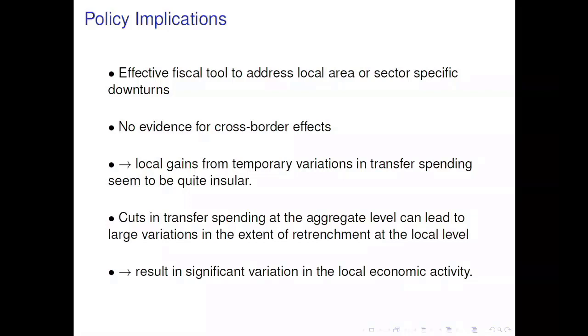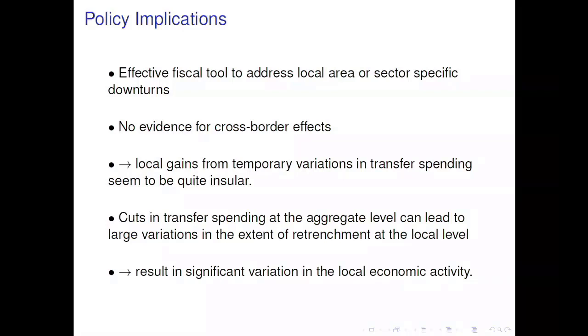We don't find any evidence for cross-border effects. I have not discussed that today, but in the paper we don't find any sectoral or spatial cross-border effects. What that means is that these gains are quite insular. We don't have multiplier effects leaking out or being over-reported because the increase in economic activity in some other state is increasing economic activity in your state.